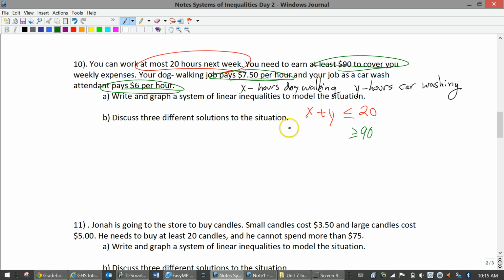We get 7.50 for walking dogs, and we get $6 for washing cars. So take a look at it. You probably make more money walking dogs because there's some hazard in walking dogs.